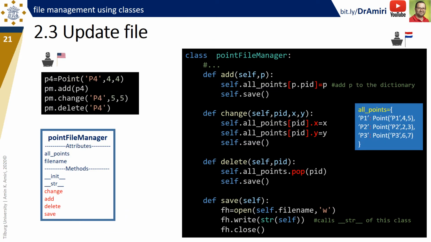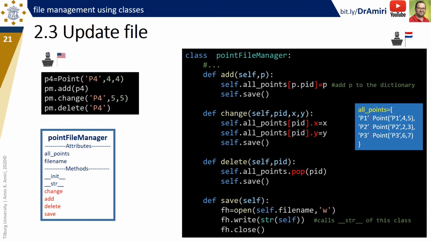So finally, you can allow the user to simply change and update the file. You need to add three methods here: add, change, and delete, and also a save method that does some stuff behind the scenes. I start with the add method here. Assume that we have a point, an instance of the class point called p4, and x and y are 4 as well.